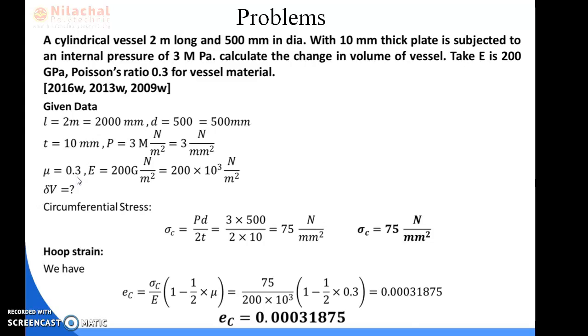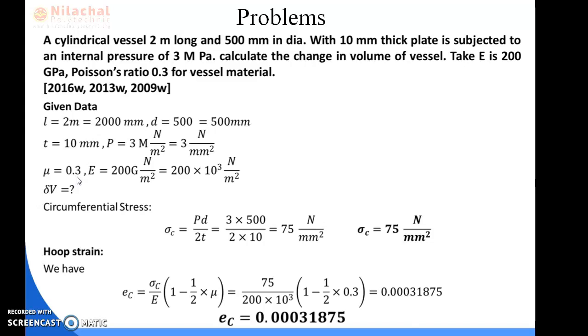We have to find out the change in volume of the cylinder. First, we have to know the formula for how to find the change in volume of the cylinder. For finding out the change in volume, we have to calculate volumetric strain. In earlier video classes, we have studied that volumetric strain is equal to 2 times hoop strain plus longitudinal strain.